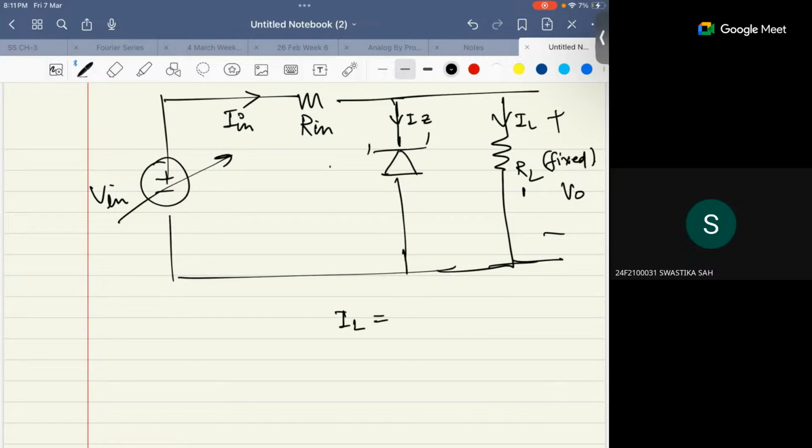If, for example, this is VZ, so the breakdown voltage is VZ. What will be the value of IL? IL will always be fixed, right? What will be the value of IL?